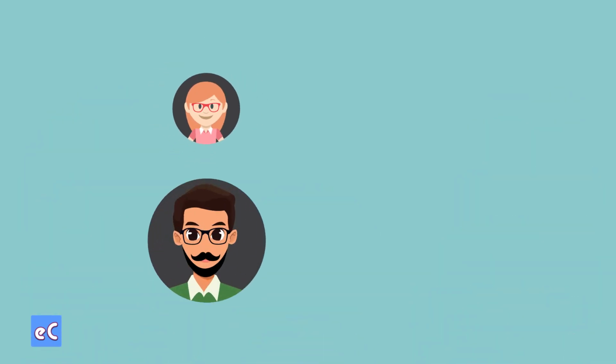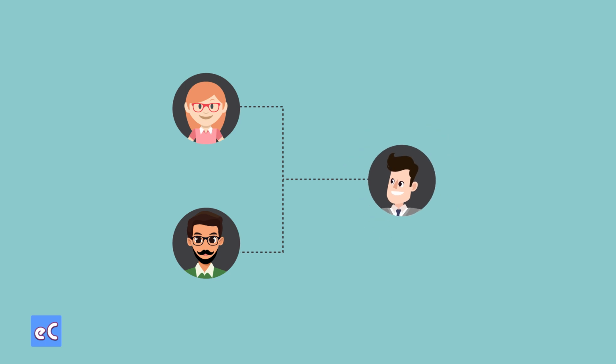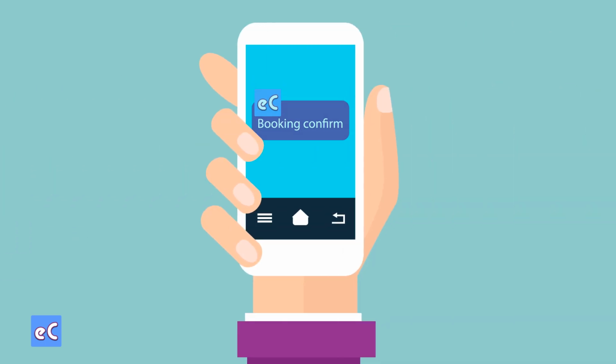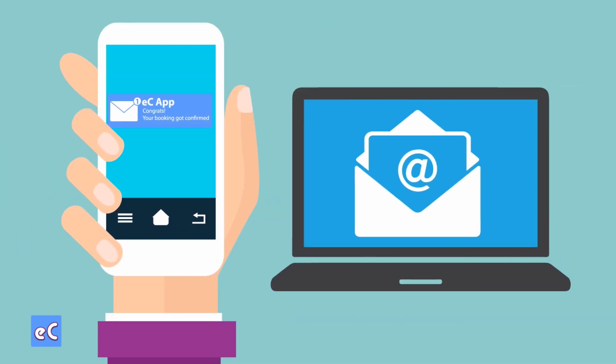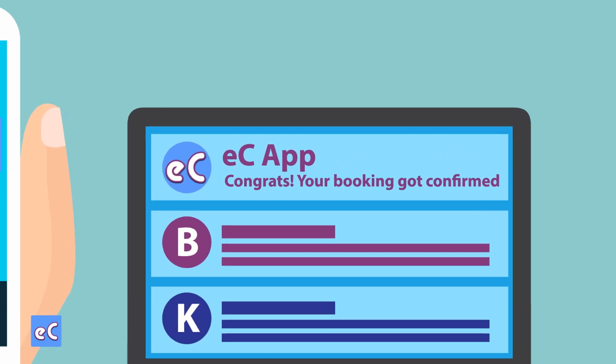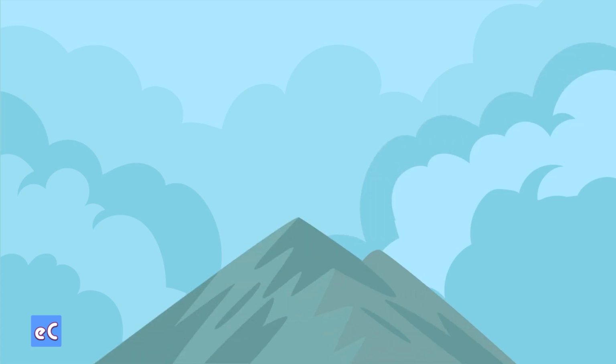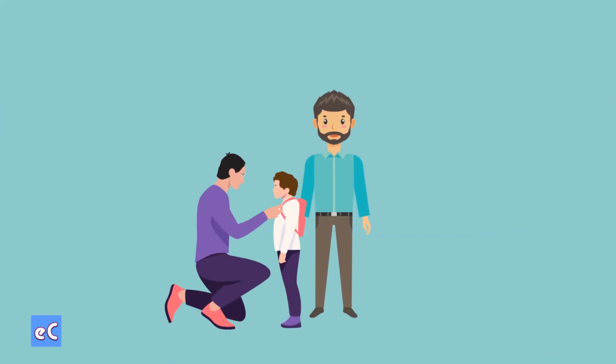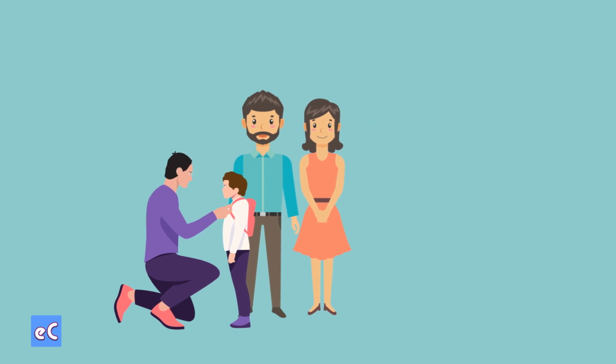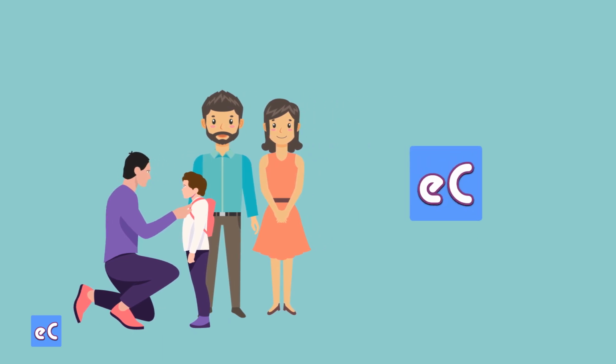Once the student or the parent confirms the booking, you will receive notification on your app as well as through SMS and email. When you receive a confirmation notification, it's a matter of pride because you have once again succeeded in establishing a new relationship with the student and their parent with the help of the most advanced EC app.